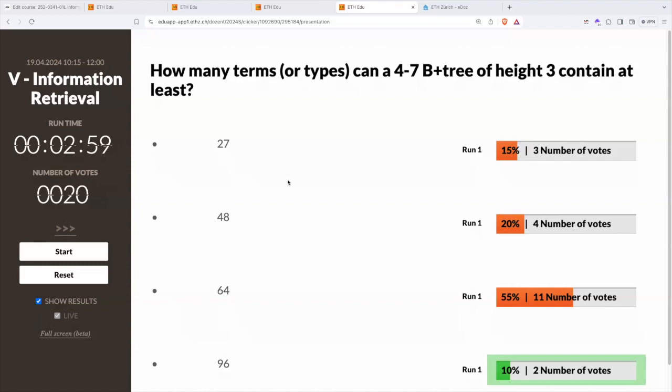At least 2 terms? At least 3 terms? At least 4 terms? Okay, so here, remember that the number of values on every node is the number of children minus 1. You remember? If you can have 4 children, then it means you can have 3 values in between because the values are in between the children, right?